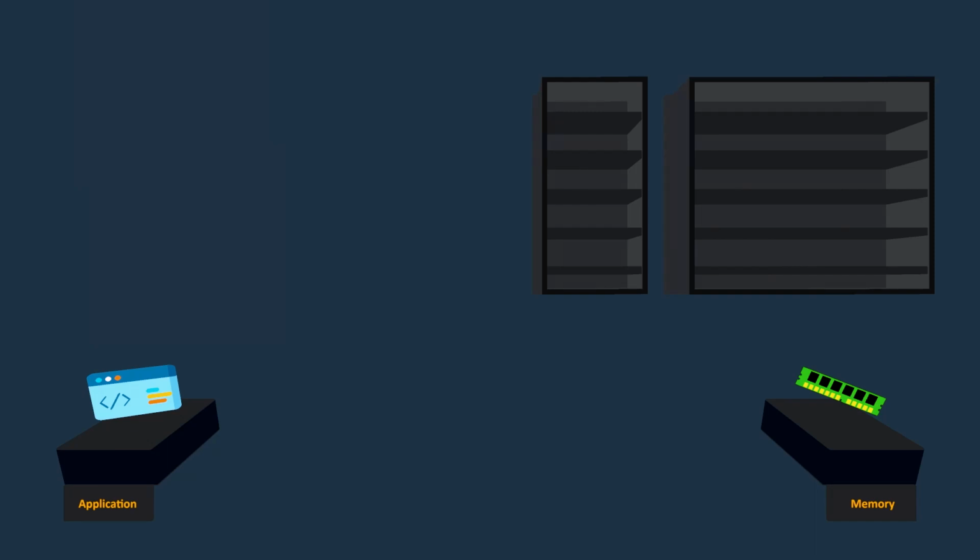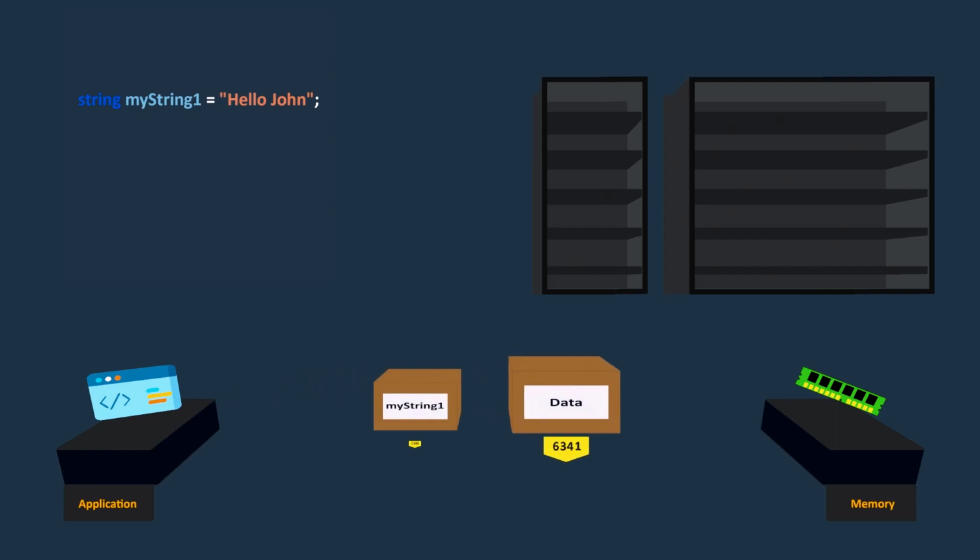In the first step, we declare a string variable named myString1 and assign the value HelloJohn to it. Like our reference type variables, two memory spaces are allocated. One for storing the actual data, which is HelloJohn, and another for the myString1 variable that holds the memory location of that data.